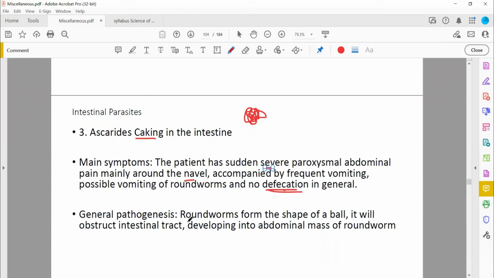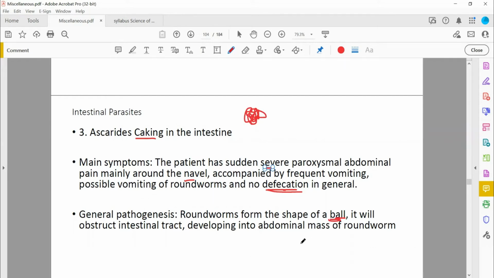Let's take a look at the general pathogenesis. Roundworms form the shape of a bowl. It's creepy. It will obstruct the intestinal tract, developing into an abdominal mass of roundworms. Yeah, the roundworms form a ball and block in the intestine. That means you can feel it because it's a mass.